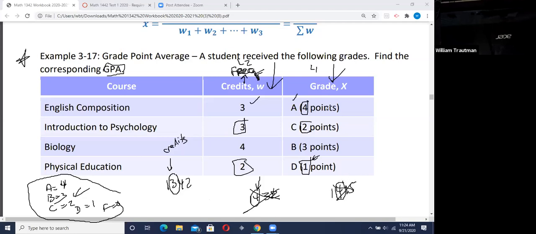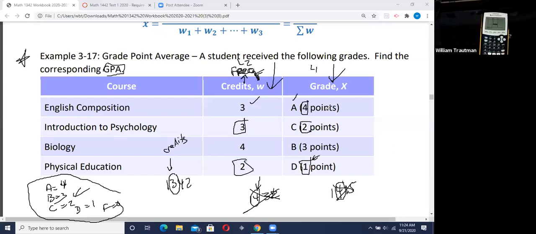So I'm going to put 4, 2, 3, and 1 in L1. Let me clear out my list. 4, 2, 3, and 1 in L1, and in L2, I'm putting 3, 3, 4, and 2.